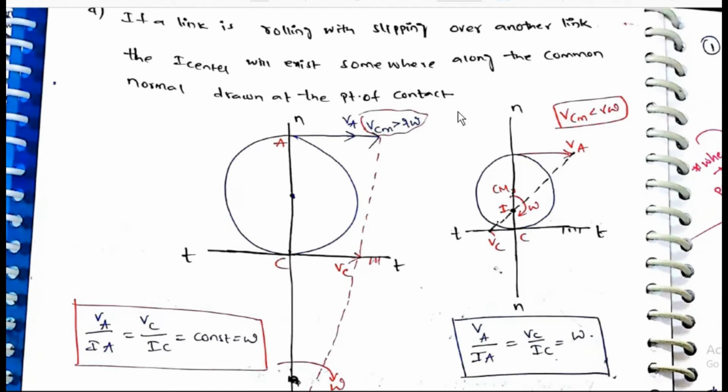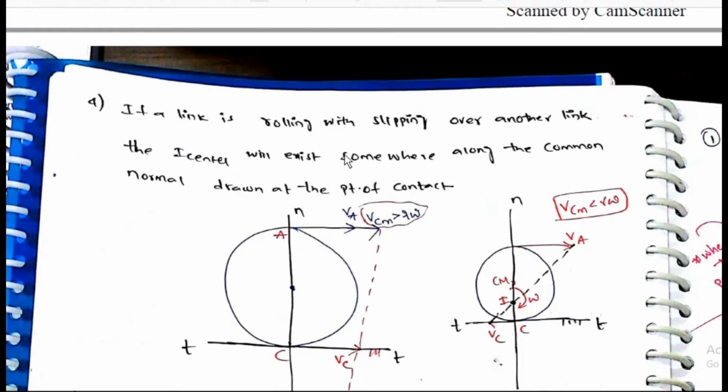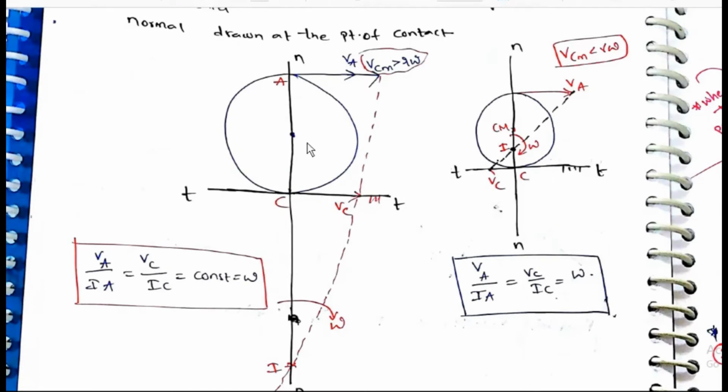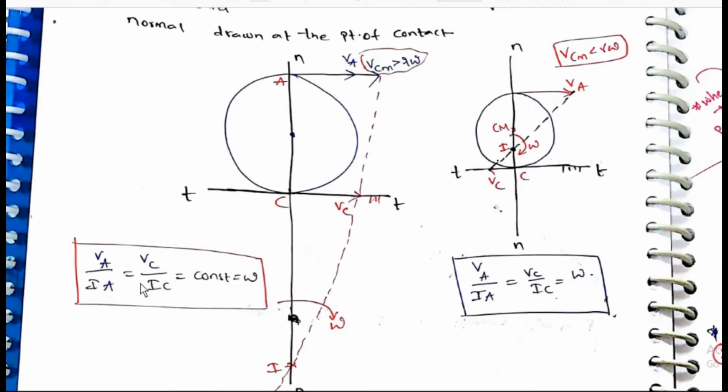The I center will exist somewhere along the common normal drawn at the point of contact. VA by IA is equal to VC by IC is equal to constant, omega.